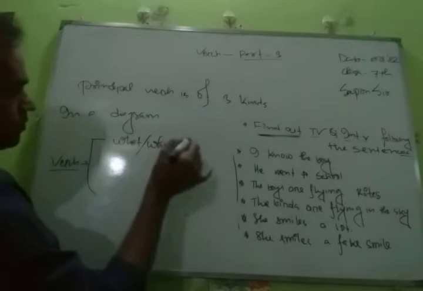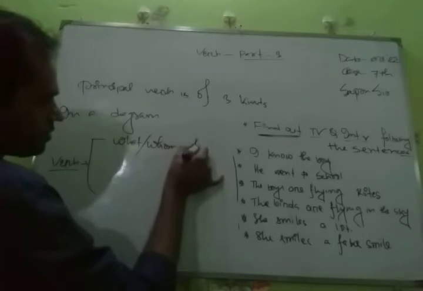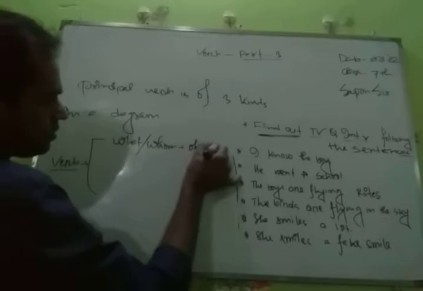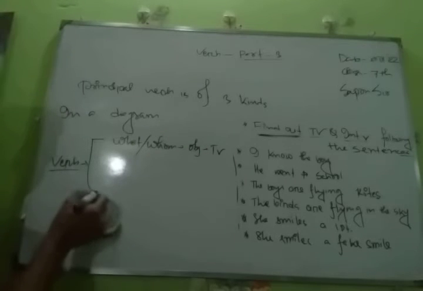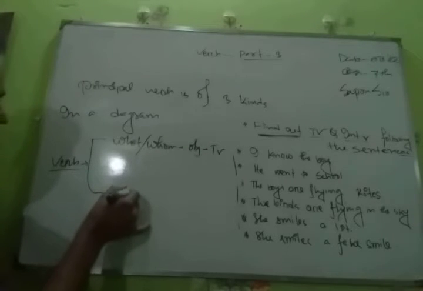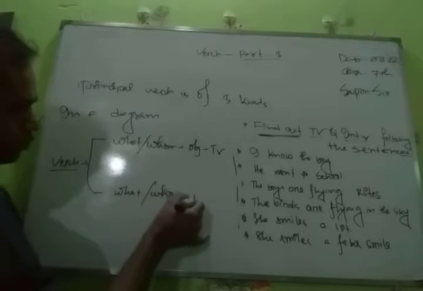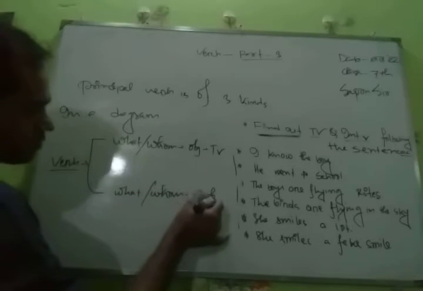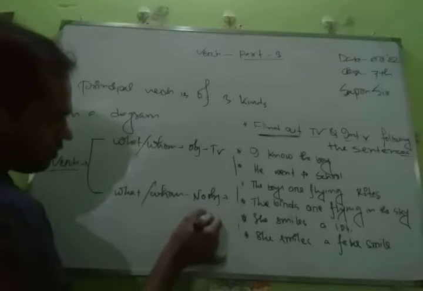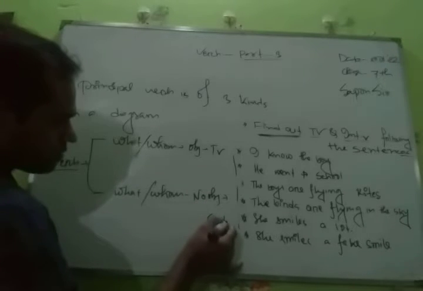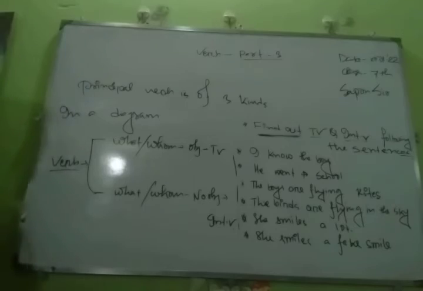If we get an object, then it is called transitive verb. Verb, what or whom, no object is called intransitive verb. Follow me, dear learners and viewers.